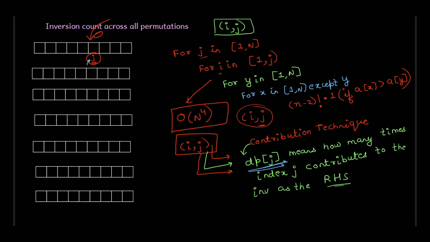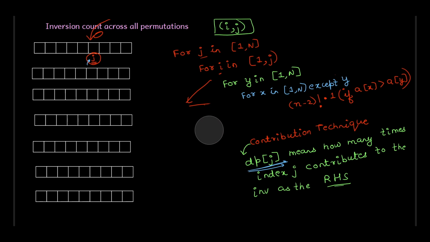So how do you find out this dp of j for each j? You can do that by looking at this fact. You have just fixed this j, but you don't need i anymore, and even in that case i could have been anything from this or this one. So all these values contribute together with j.